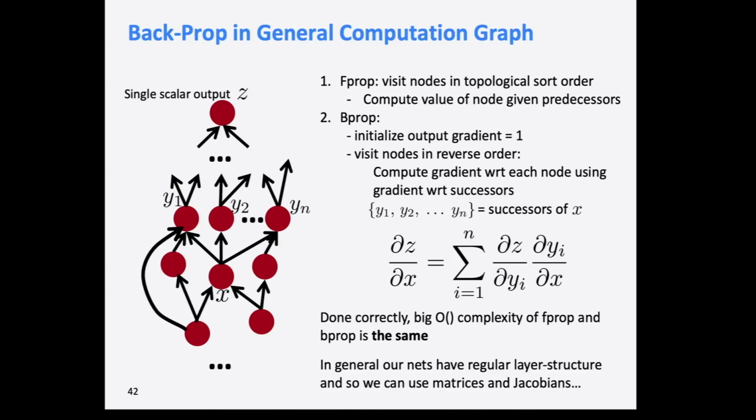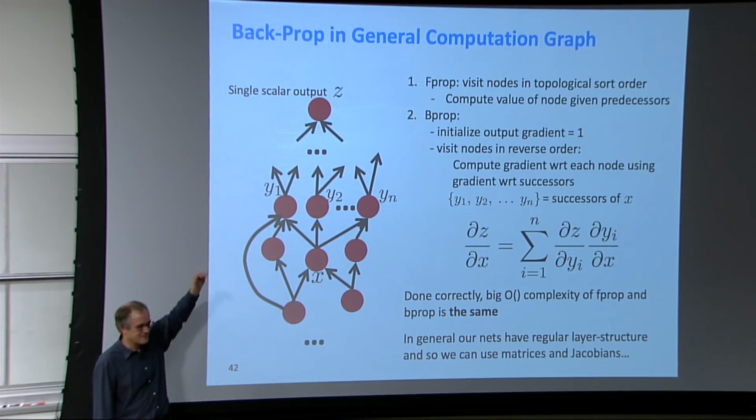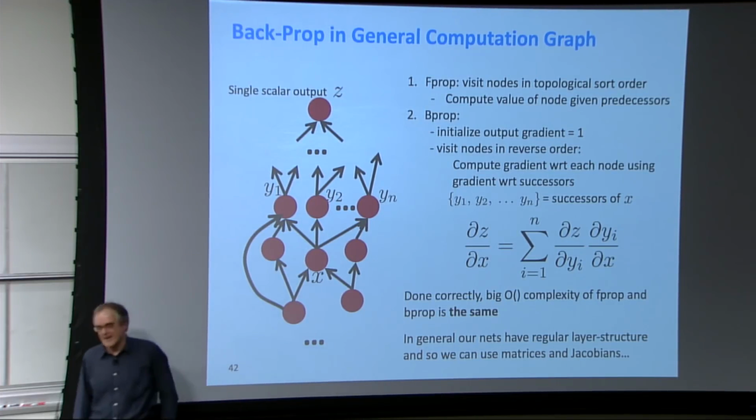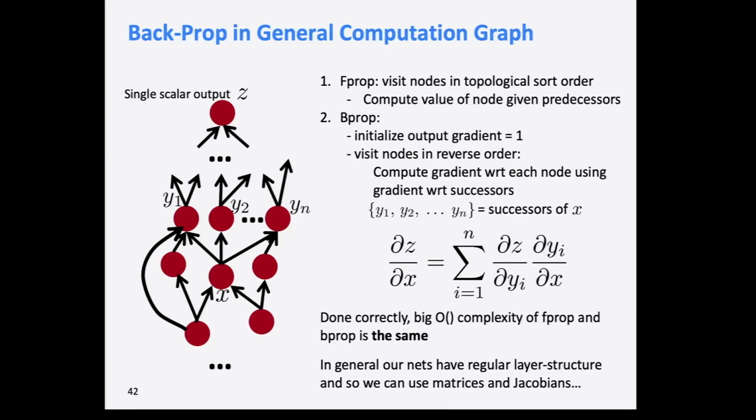Then we go through the nodes in reverse topological sort, and anything that's above it, anything that we calculated based on it in the forward pass, will already have had its gradient calculated as a product of upstream gradient times local gradient, and then we can use that to compute the next thing down.